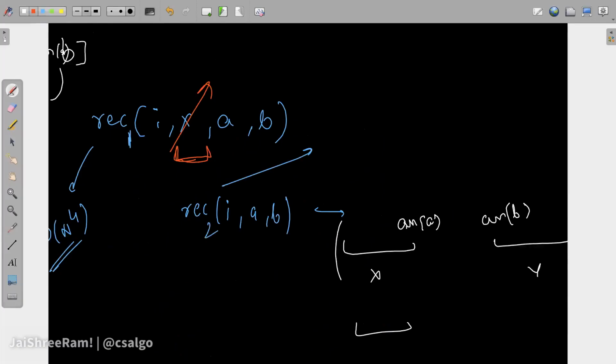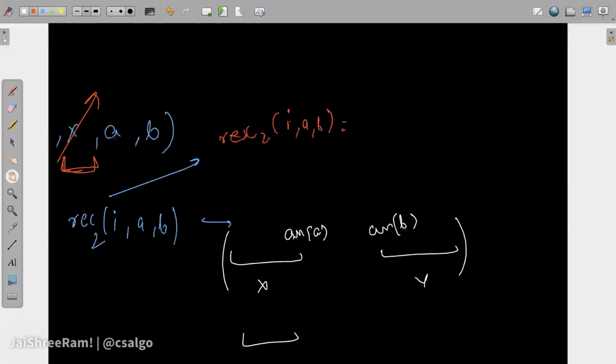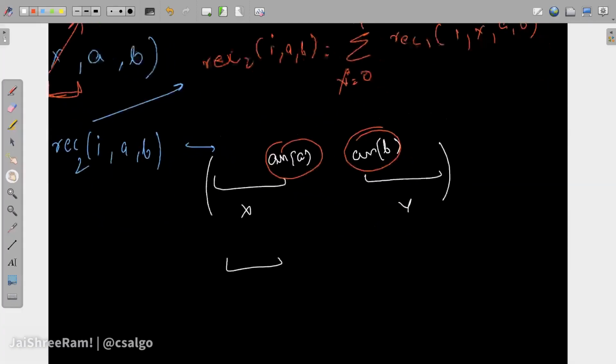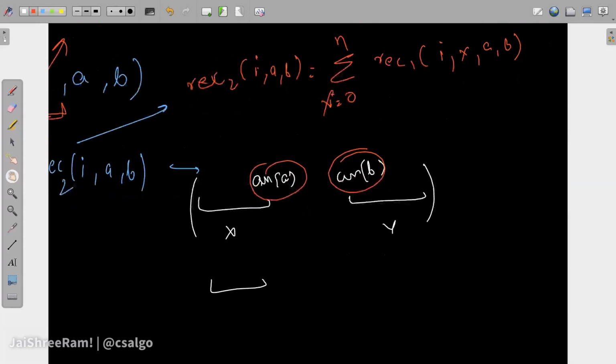Recurrence 2 of I comma A comma B is nothing but the summation over X equal to 0 to n of recurrence 1 of I comma X comma A comma B. So basically what I'm saying is I don't need to decide on how many elements X and Y are, as long as I know the last elements, because I anyway have to calculate the total number of ways to place all the I elements such that this condition is valid.